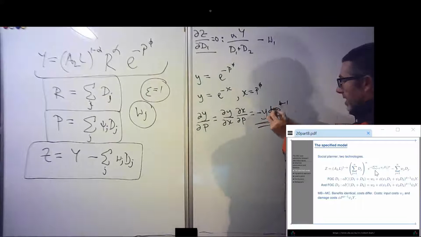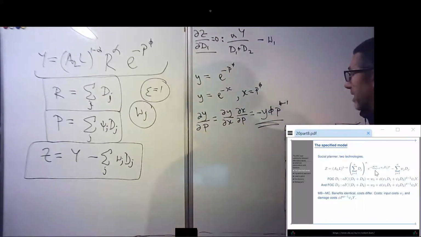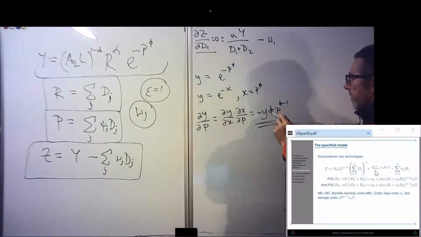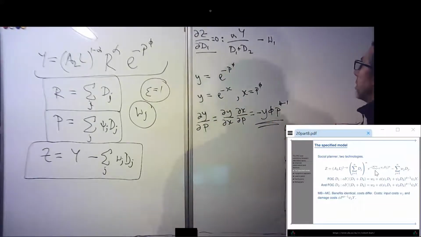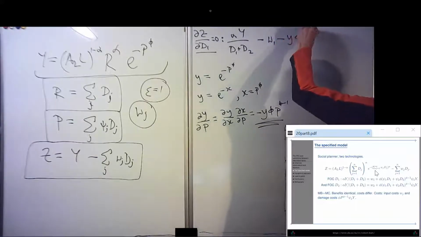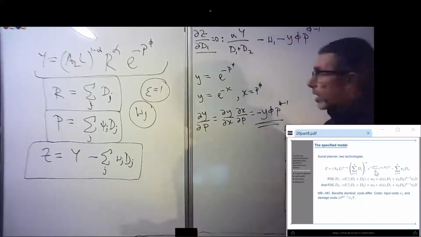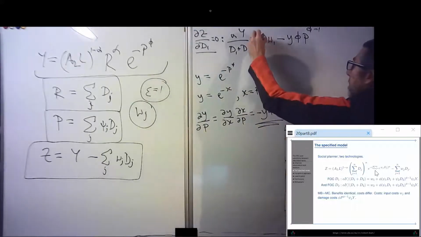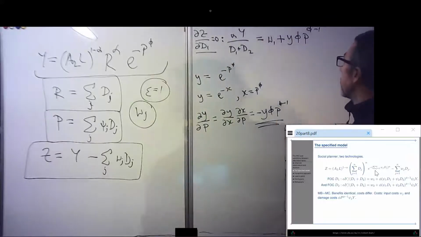For once, I'm not differentiating like the economist there. So dy by dp is minus y phi p to the phi minus 1. That lot is all equal to naught, so we can write equals plus.